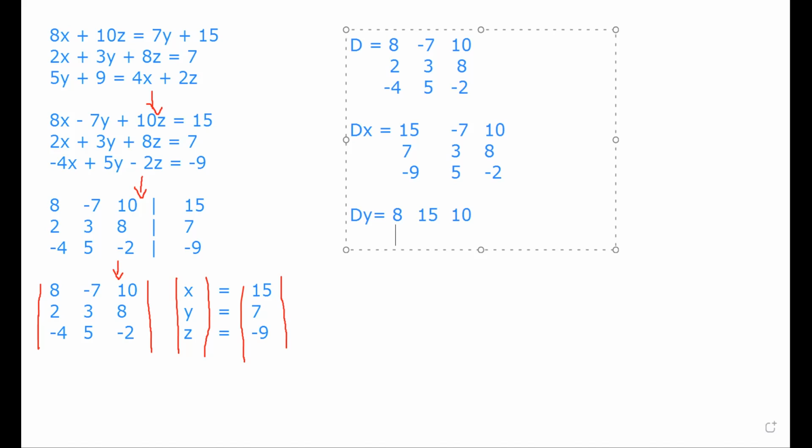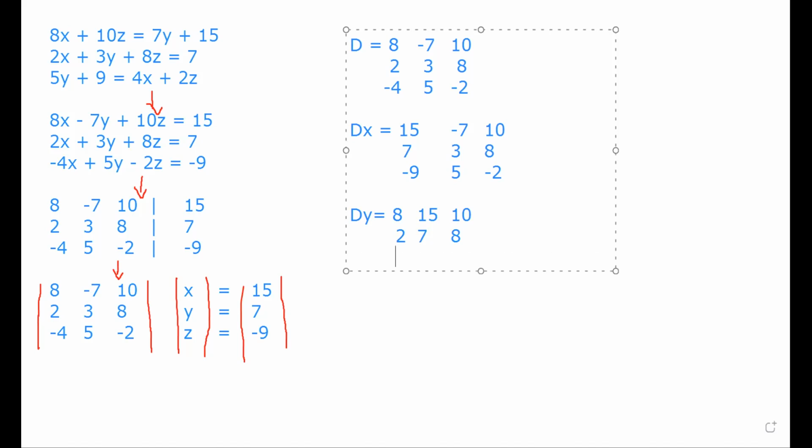And the second row 2, and the next element 7, and the third element 8. And the third row, first element -4, second element -9, third element -2. Is that clear? dy is clear.